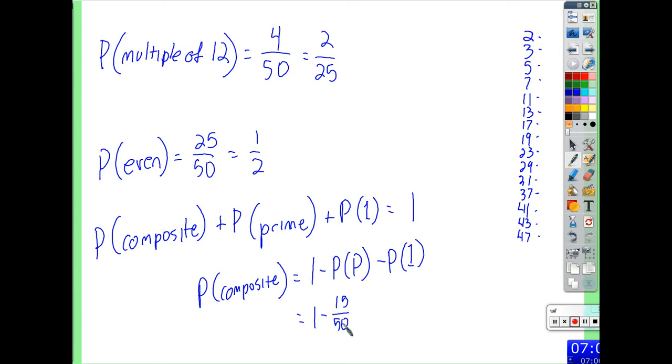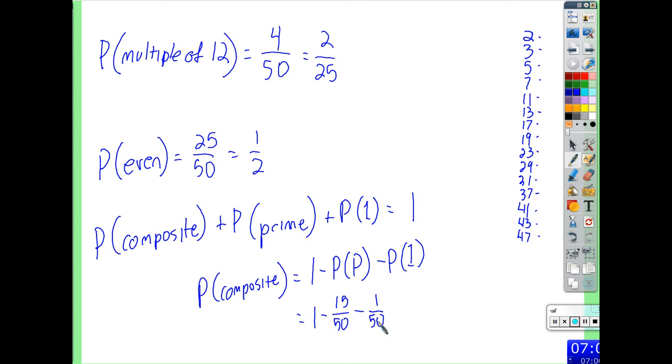What's the probability that you'll get a 1? 1 out of 50. How many 1s are there? 1. How many total are there? 50. Not likely that you'll pick a 1, just on a random thing, right?